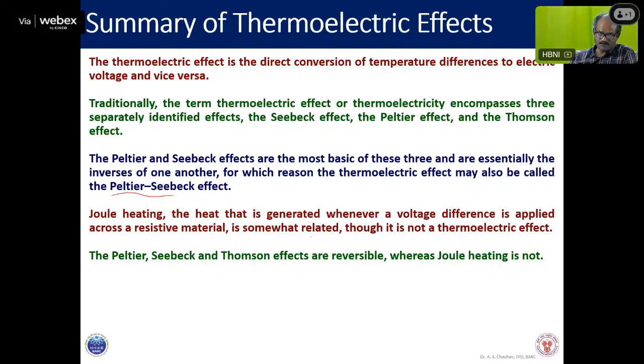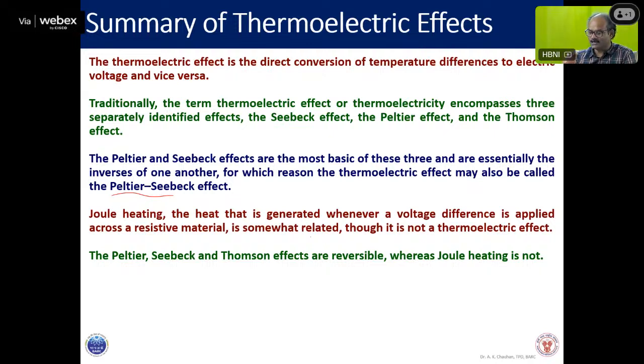The Peltier, Seebeck, and Thomson effects are reversible, whereas Joule heating is not reversible. Suppose you have a resistance and you are passing a current through it, heat will be liberated. The filament will become hot.